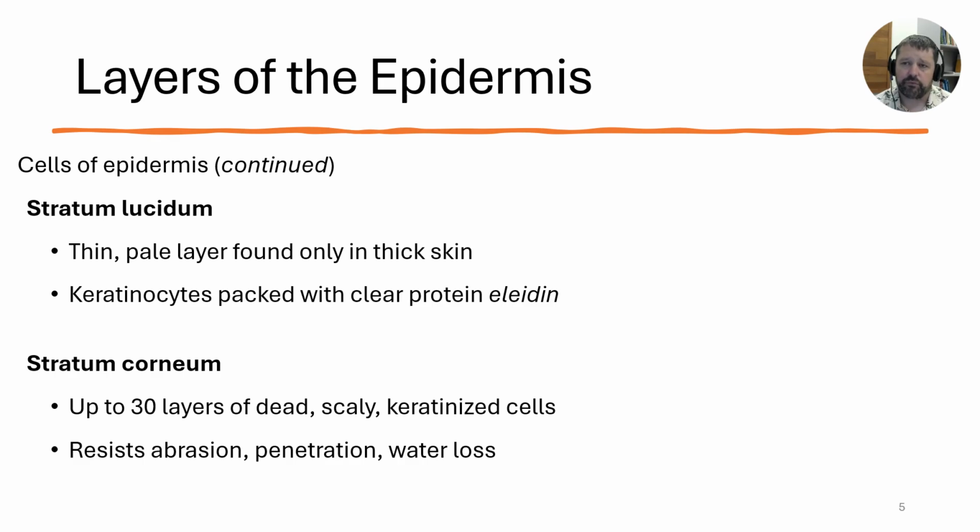So they have mature keratin inside them, and there's lots of reasons for it. Again, can't reiterate this too much. It's that first line of defense. Okay? Abrasions, cuts, penetration of bacteria, viruses, water loss, UV penetration, all of it. The first line of defense is that stratum corneum.